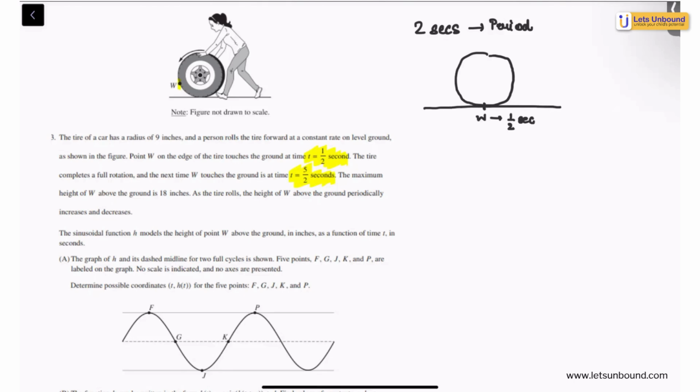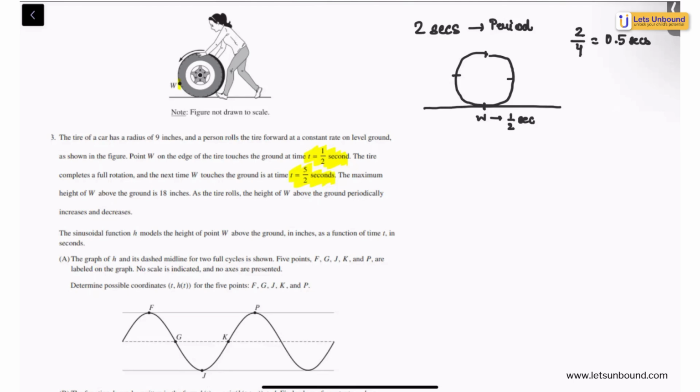There are 4 different points on the tire which we can take as reference, dividing the period into 4 parts. Since the period is 2 seconds, dividing by 4 gives a change in height after every 0.5 seconds. Ideally there's a change every moment, but we divide it into 4 parts to look at the graph clearly.